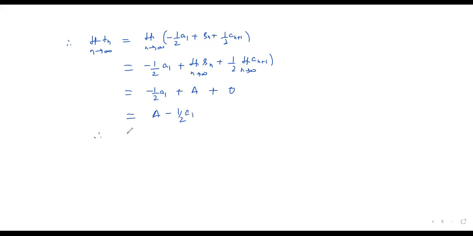So therefore indeed it converges. We have shown both things. Indeed 1 by 2 into A1 plus A2 plus 1 by 2 into A2 plus A3 plus so on and so forth converges to A minus 1 by 2 A1. That's interesting.